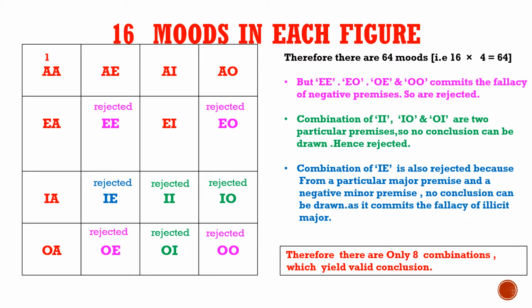Let us see what they are. AA, AE is the second one, AI is third, AO is fourth, EA is fifth, EI is sixth, IA is seventh, and OA is eighth. These are the 8 combinations which yield valid conclusions.